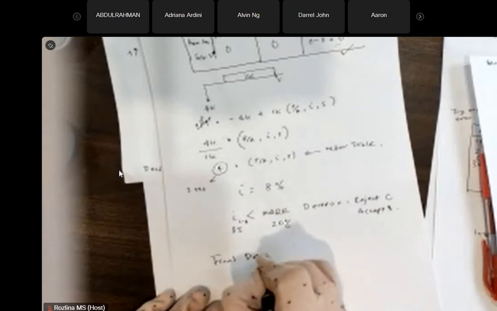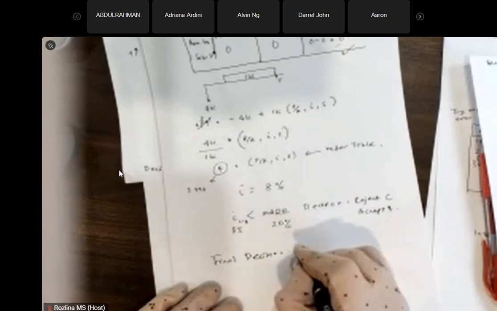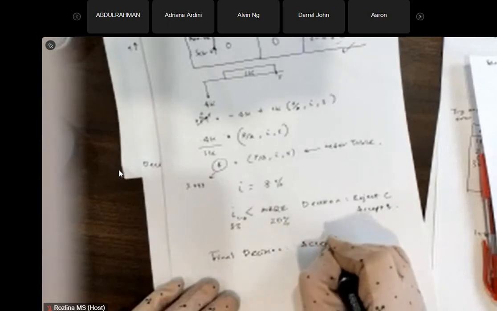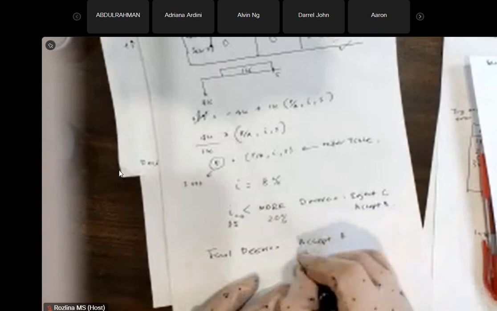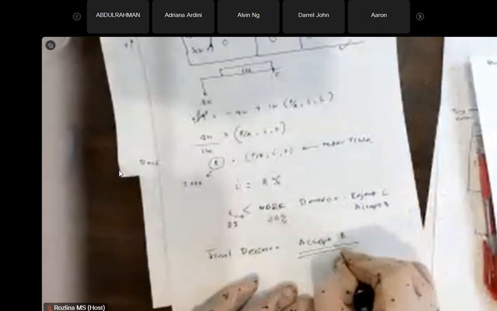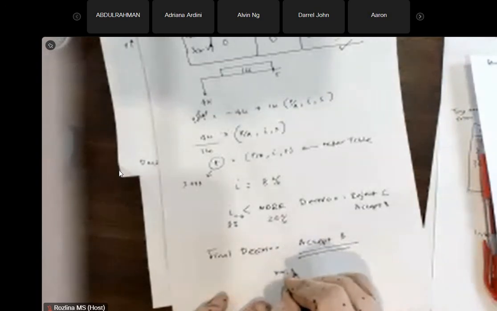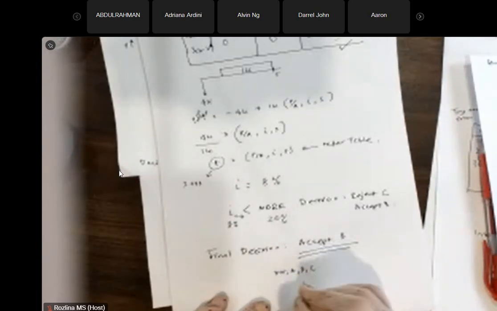The final decision is you accept B, compared to what you had earlier: do nothing, A, B, and C. So this one is the best one.